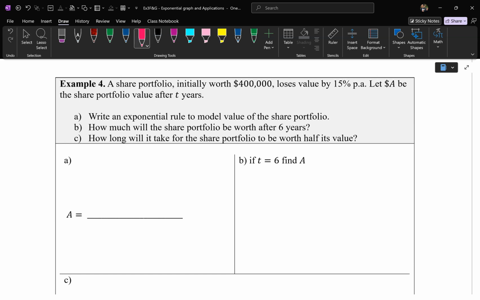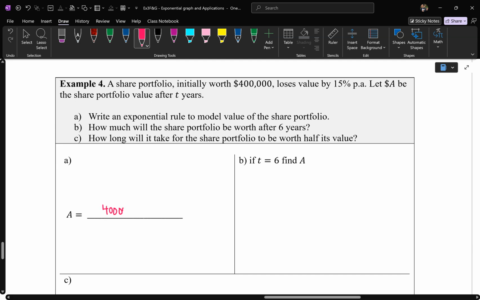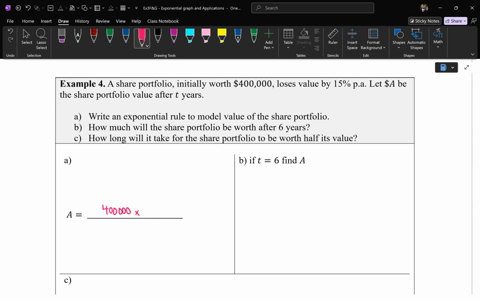For example 4, you should have got 400,000 to start off with, times by 0.85, because it's 1 minus 0.15, to the power of t.